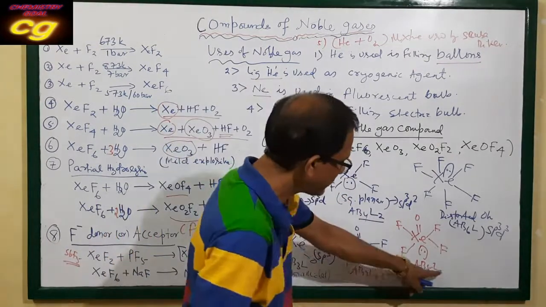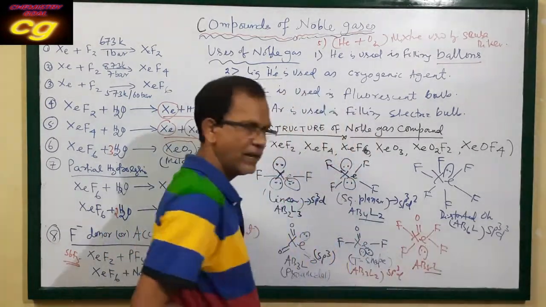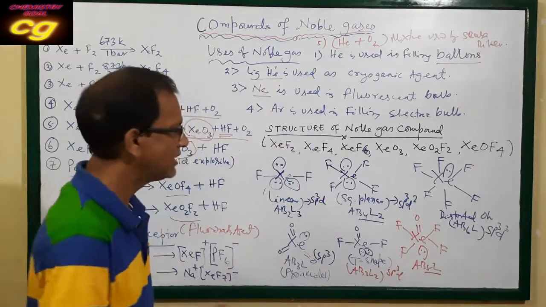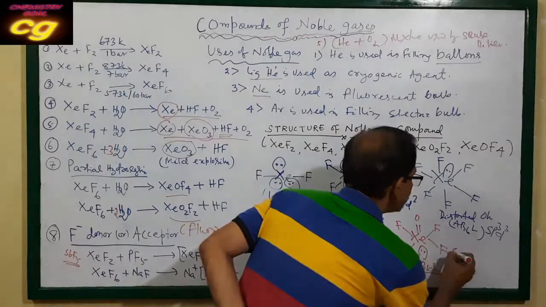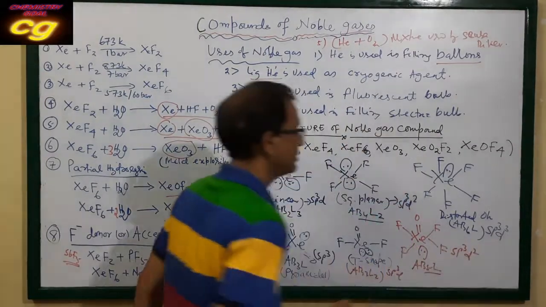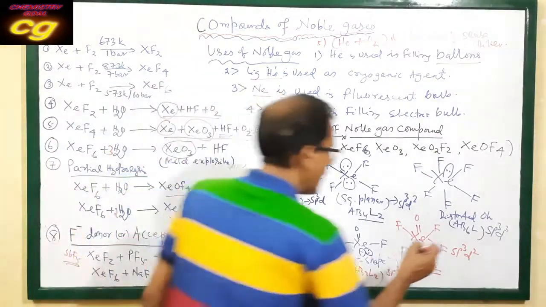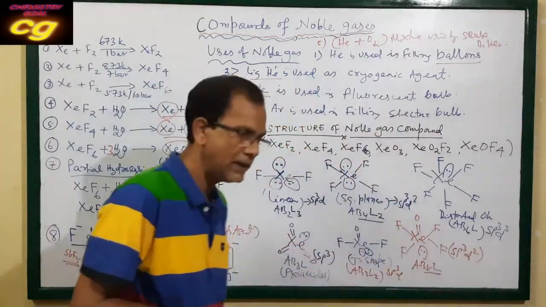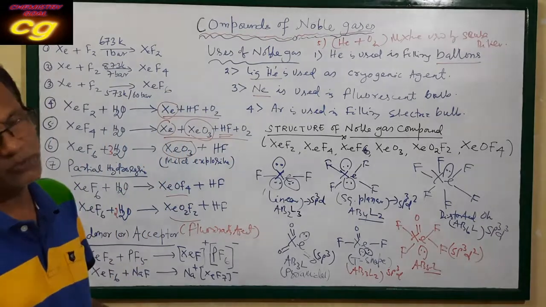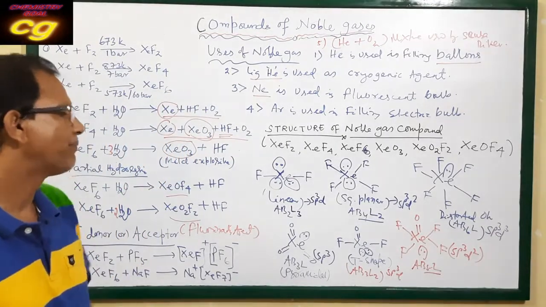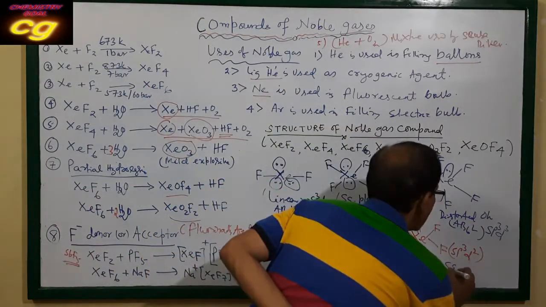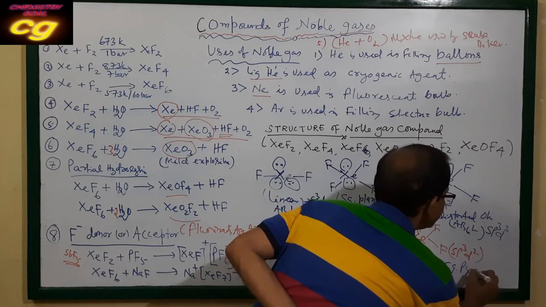Here AB5L means 6, A will not be considered, only B and L. So B5L means 6, and 6 means sp3d2 hybridization. And the AB5L molecule as per VSEPR theory is square pyramidal.